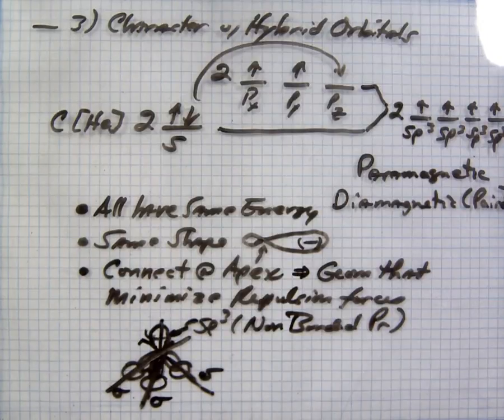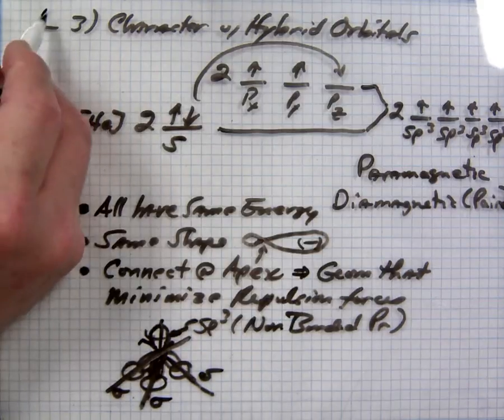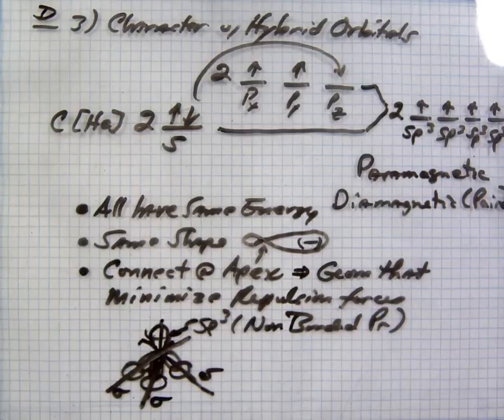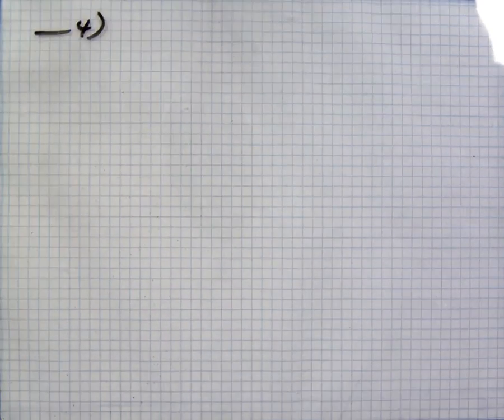In determining how many hybrids you need, you always determine the VSEPR empirical formula, and however many electron pairs you come out with based on that VSEPR geometry, that's how many hybrids you have to have. Well, this one, all of the listing points were very important, and you remember about hybrid orbitals.